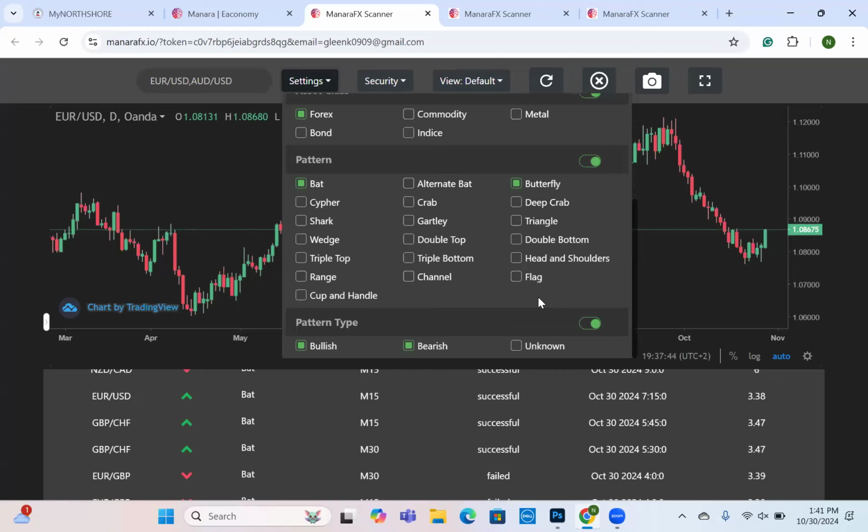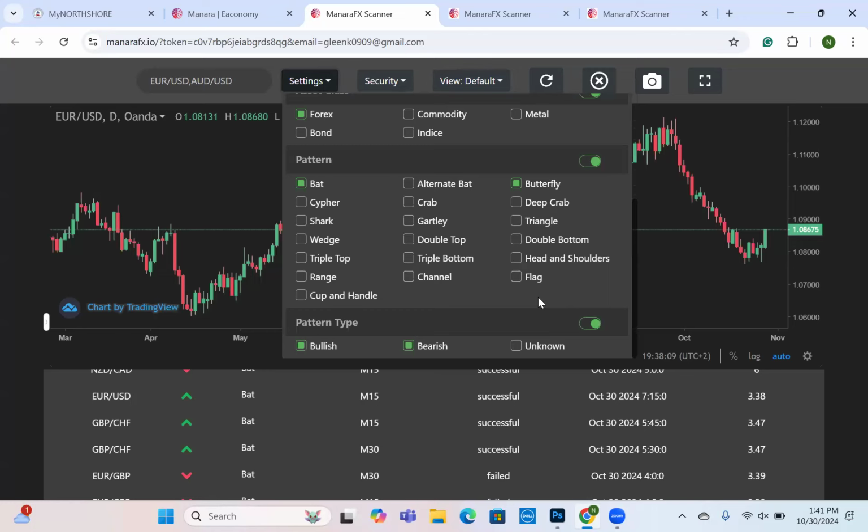In other words, you do not need to depend only on bat and butterfly. You can also explore. You need to be open to the other patterns and see which one works best for you. You can be taking bat and butterfly on your real account, and also be checking others on demo accounts.